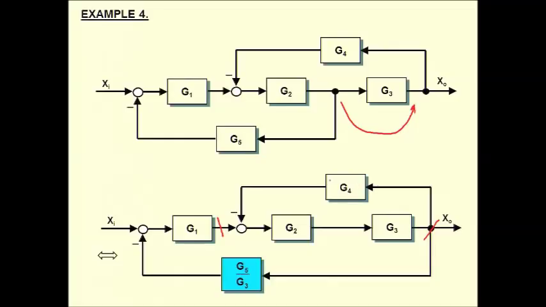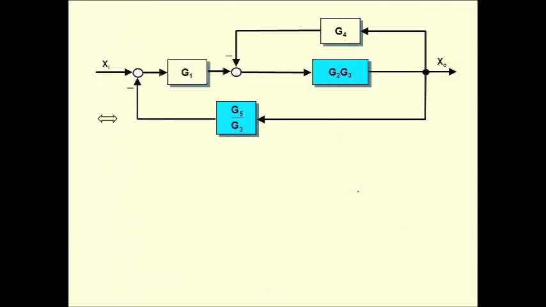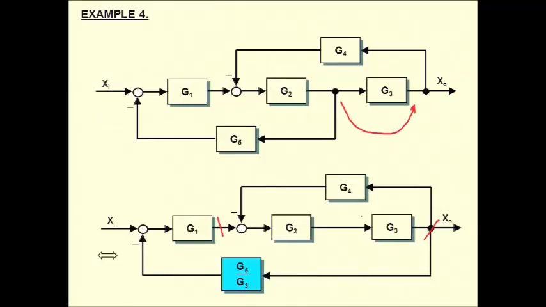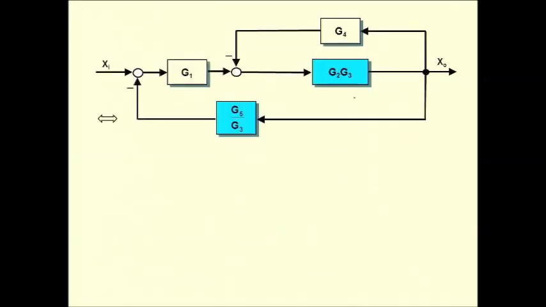So this is your G, this is your H, in the formula G over 1 plus GH. Oh yeah, I guess I combine these in series first. That's a pretty easy step now.